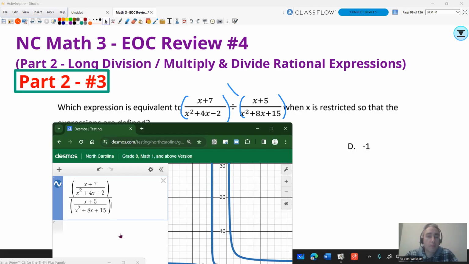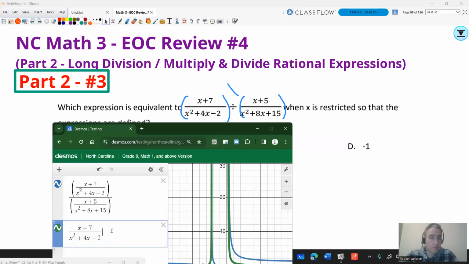If you don't like having a fraction divided by a fraction, just do keep, change, flip. You can do this fraction and then multiply it by the reciprocal, so x² + 8x + 15 over x + 5.